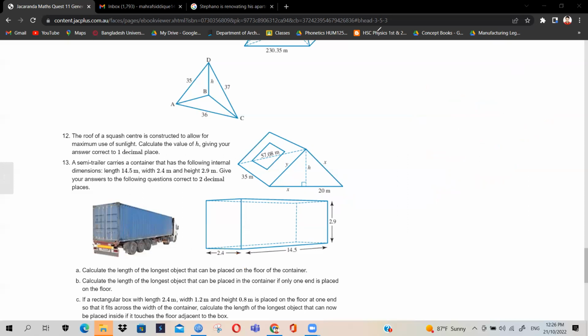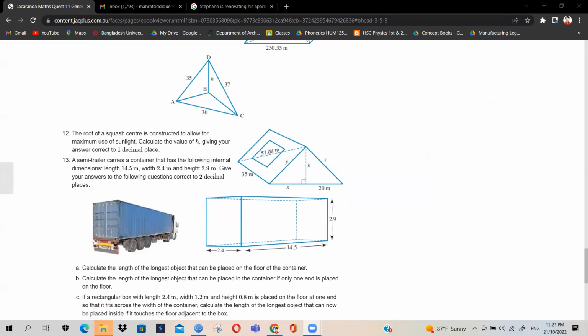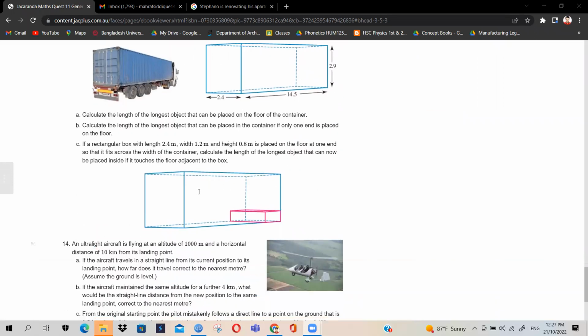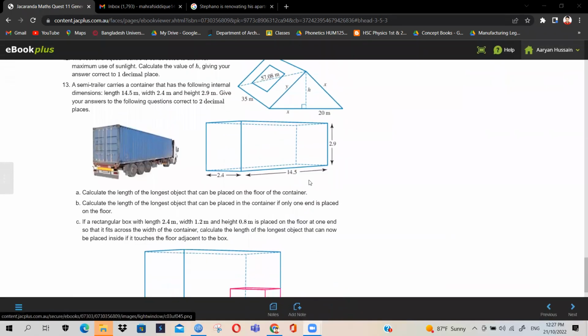However, a semi-trailer carries a container that has the following internal dimensions: length 14.5, width 2.4. Calculate the length of the longest object. This is very easy: you have to square root the squares of all three values given.